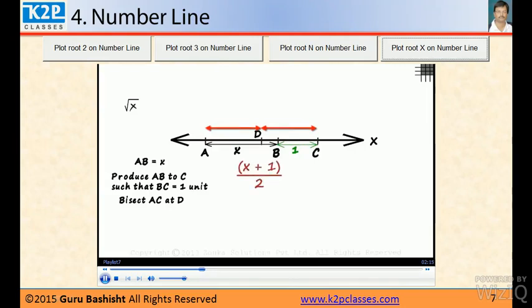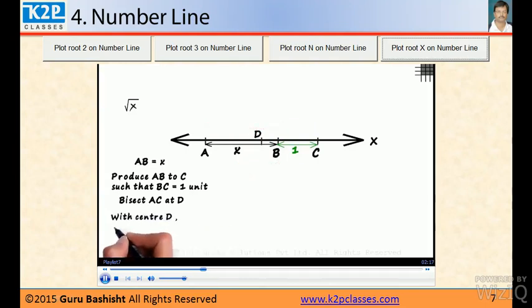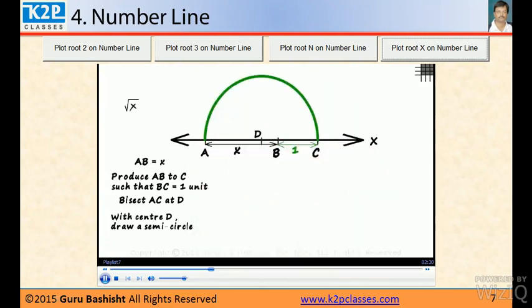In the next step, with center D, we draw a semicircle above the line. If D is the center, then the endpoints of the semicircle will meet points A and C. The semicircle will look something like this. DA and DC are the radii of this semicircle.